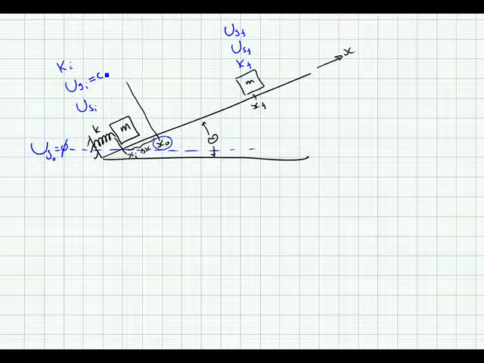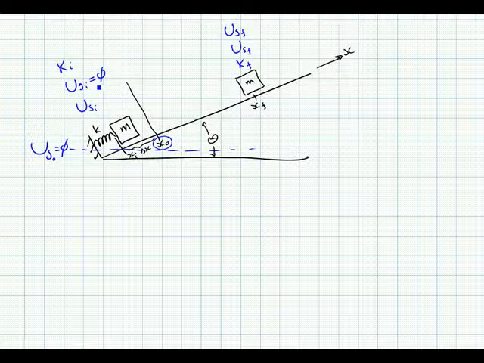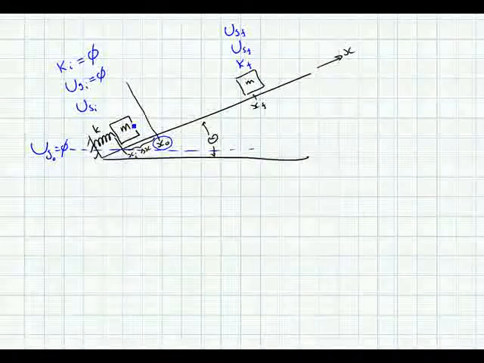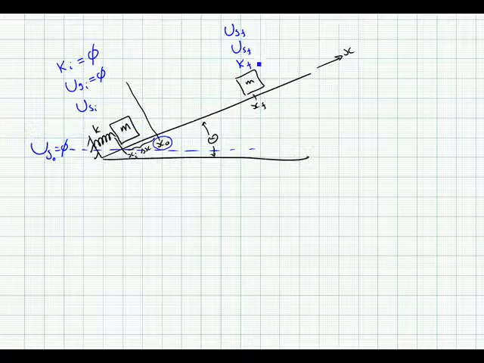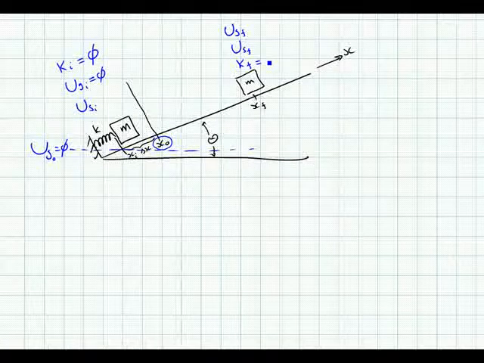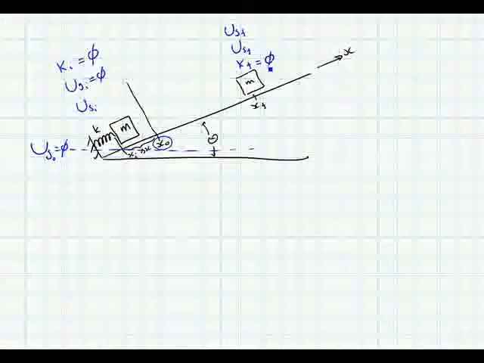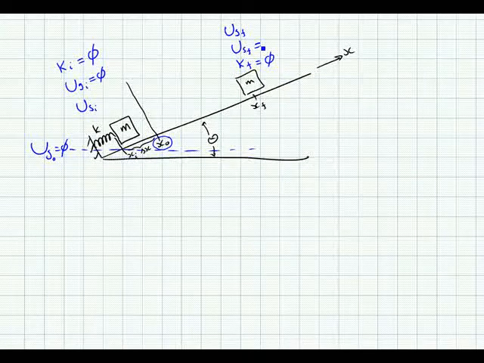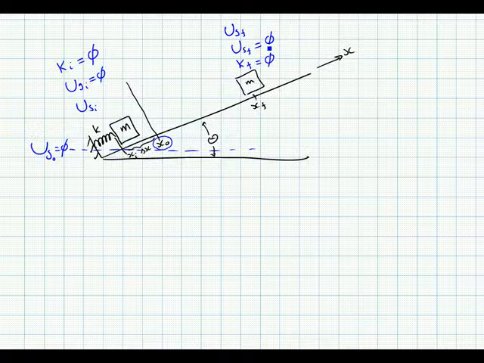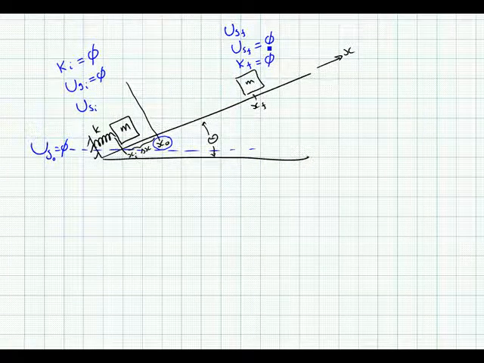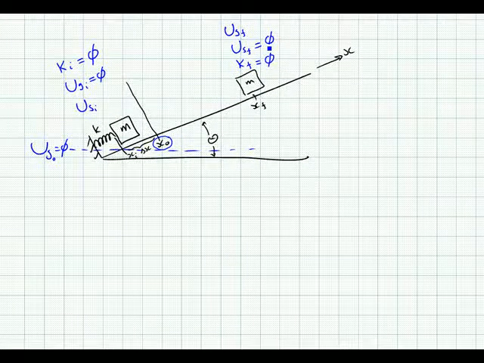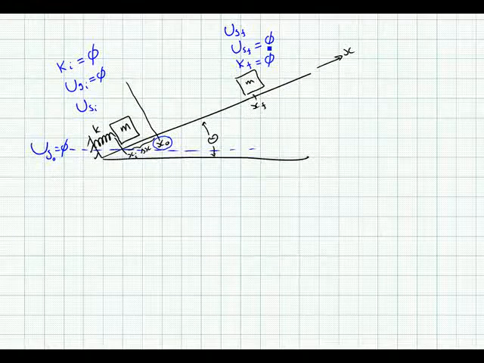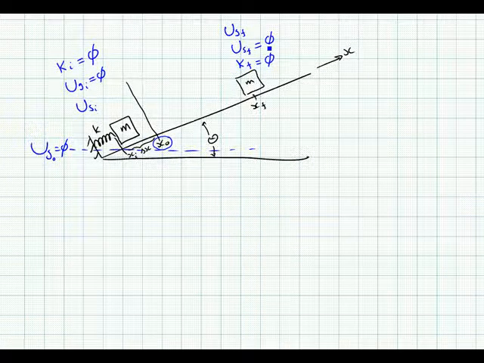So this is 0, and kinetic energy initial is also 0 since the object is at rest to start with, and at the top of the ramp it comes to a stop also, therefore kinetic energy final is also 0. Now at the top of the ramp, spring potential energy is 0 since the object is no longer in contact with the spring. The object needs to be in physical contact with the spring to have any spring potential energy.